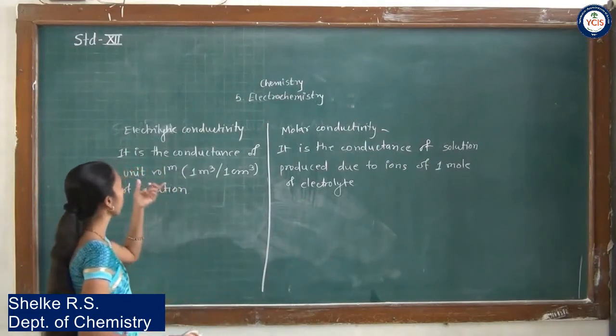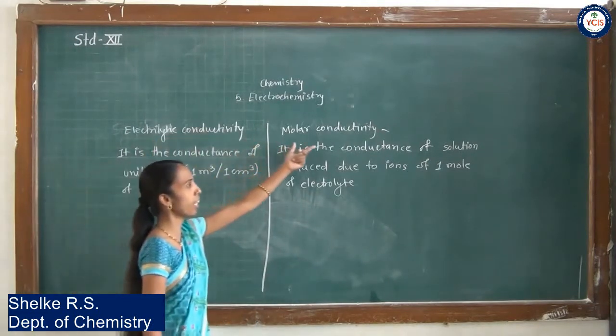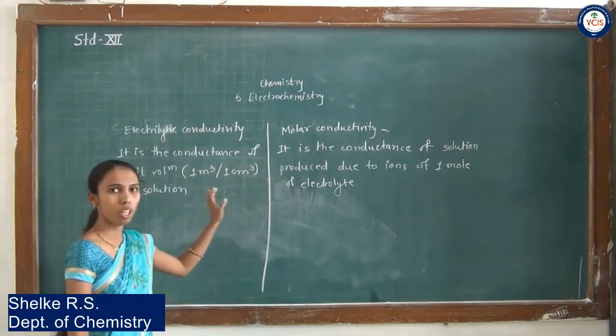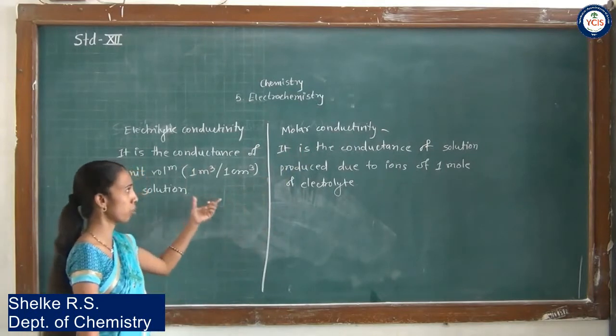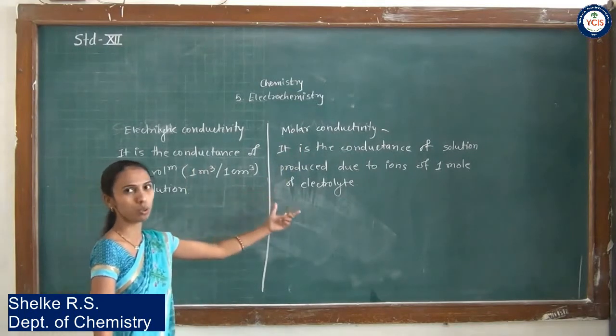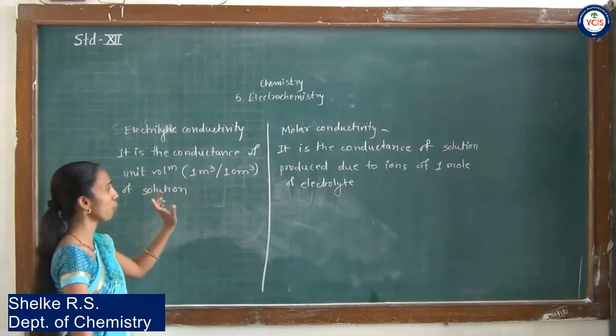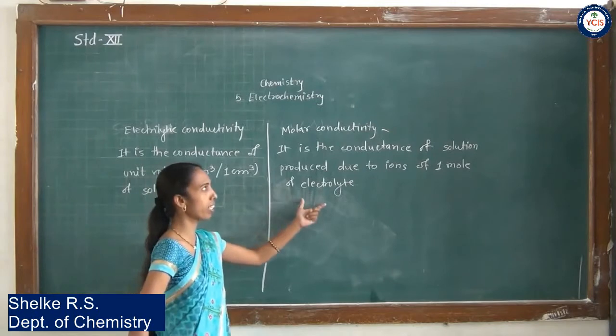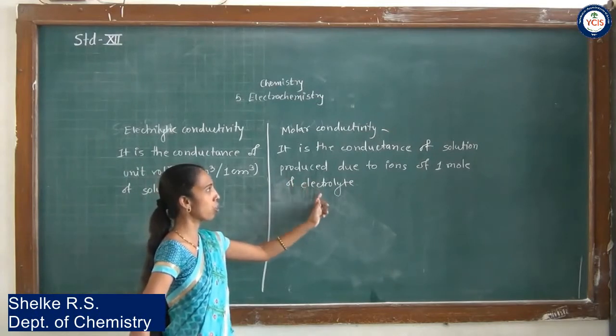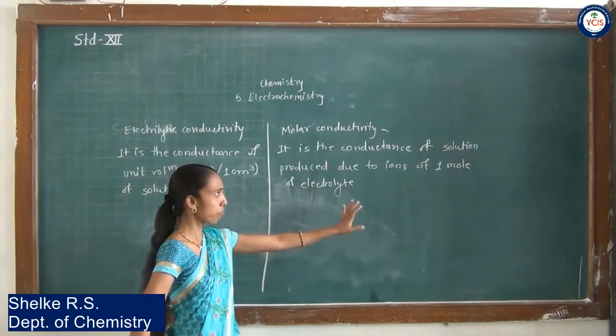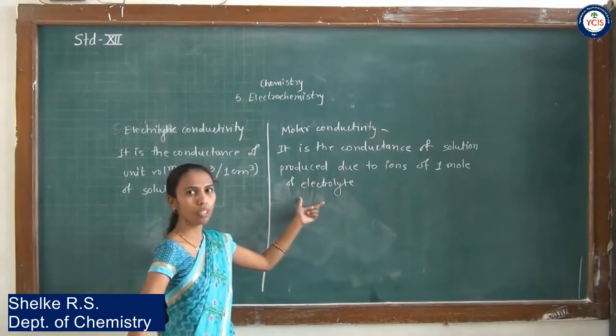Okay, so that will be the electrolytic conductivity and molar conductivity. I hope you understood the definition of those two, or the difference between these two. Electrolytic conductivity is the conductance of solution of unit volume, and molar conductivity is nothing but the conductance of solution produced due to the ions of 1 mole of electrolyte.